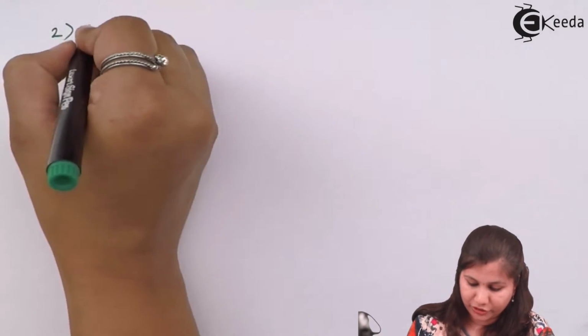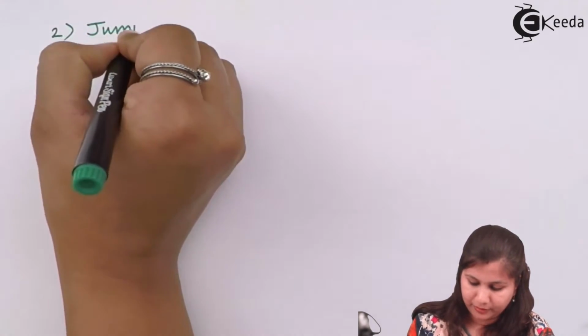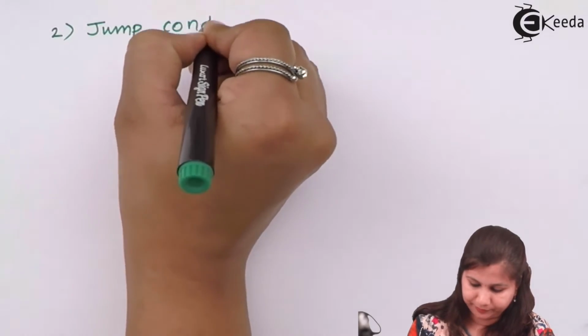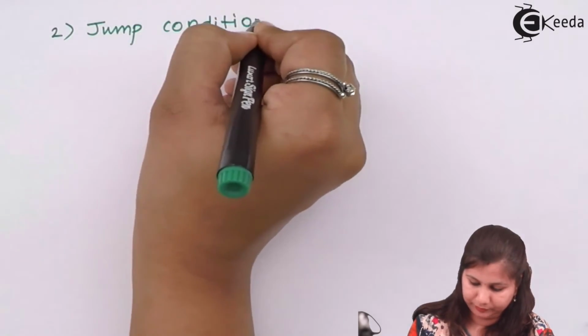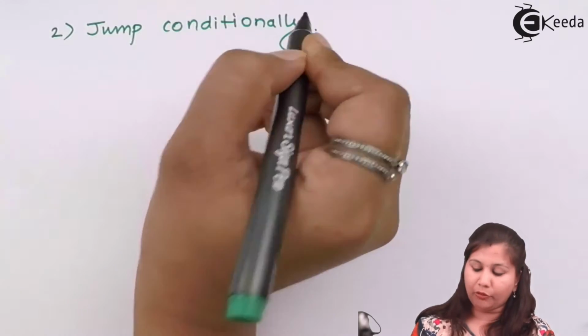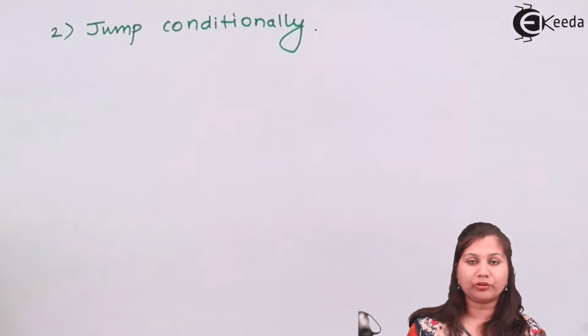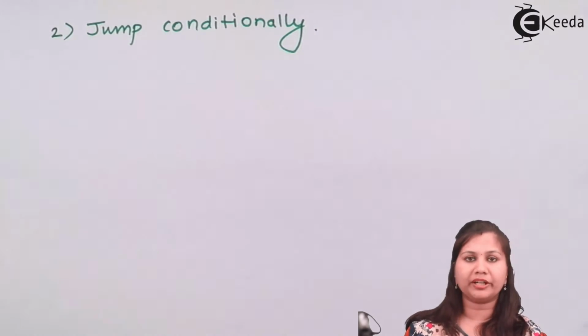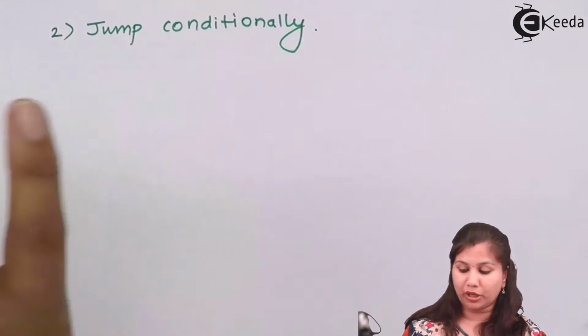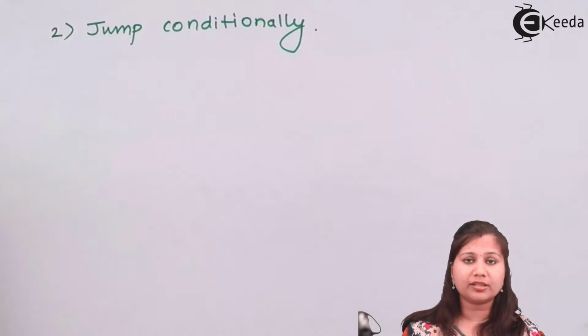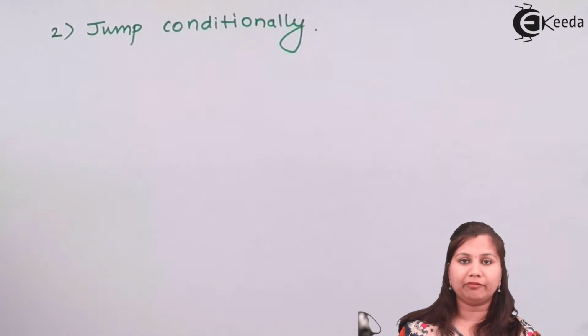So the second instruction is jump conditionally. Because in this instruction we have to specify the conditions, there are various types of conditional jump instructions, and in that we are using the flags of the 8085 microprocessor. In 8085 we have different flags like sign, zero, parity, carry, auxiliary carry.